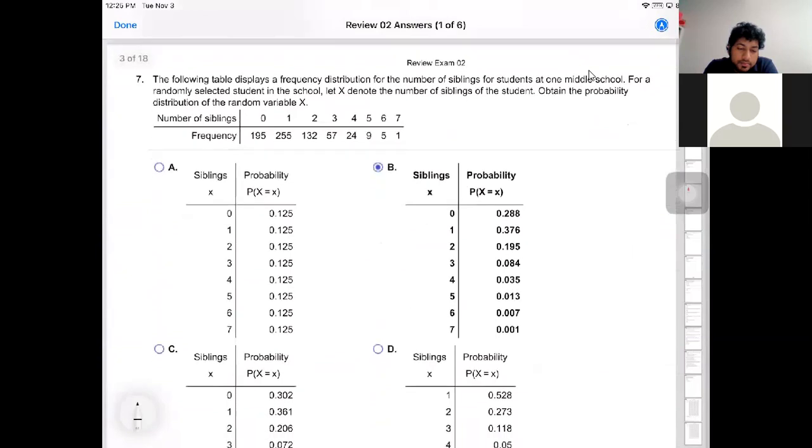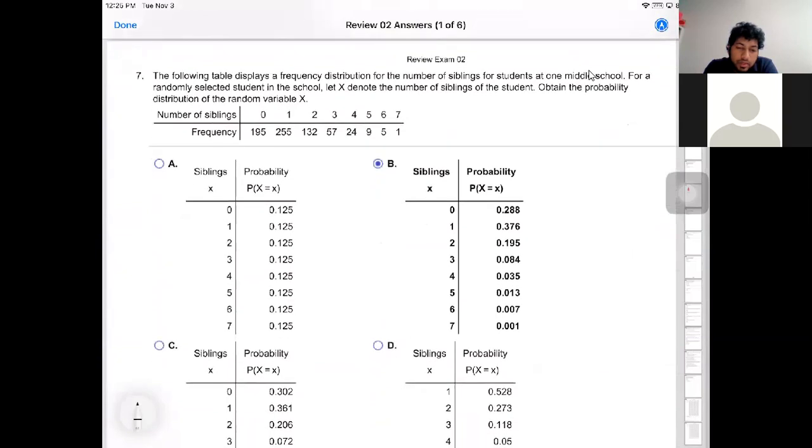What is this question? Okay, table. It's about the number of siblings and their frequencies. You have to find the probabilities with respect to number of siblings. They have given this frequency table.